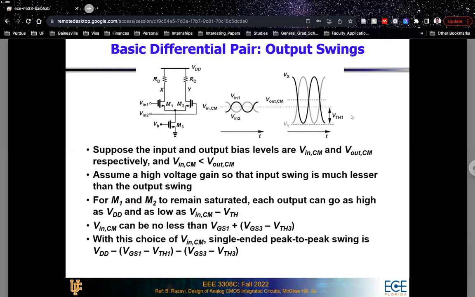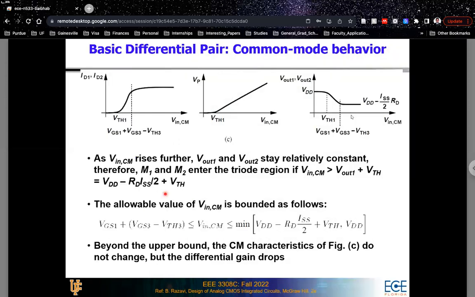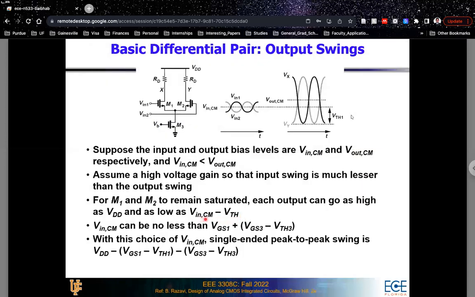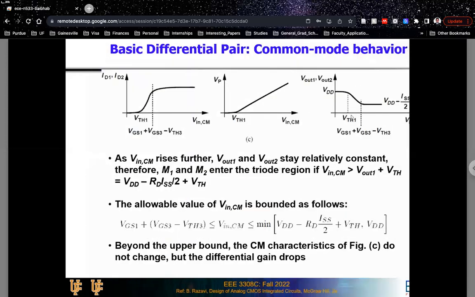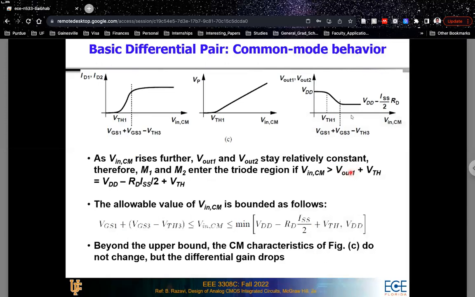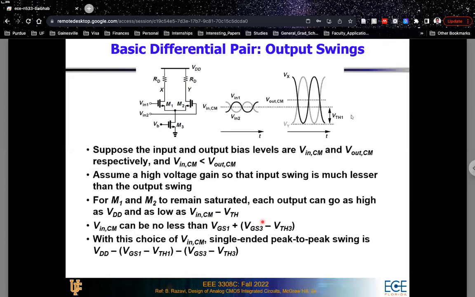And this is something, again, we have proved in the previous slide, that it goes to the triode region if your Vout1 is less than Vin,CM minus VTH.